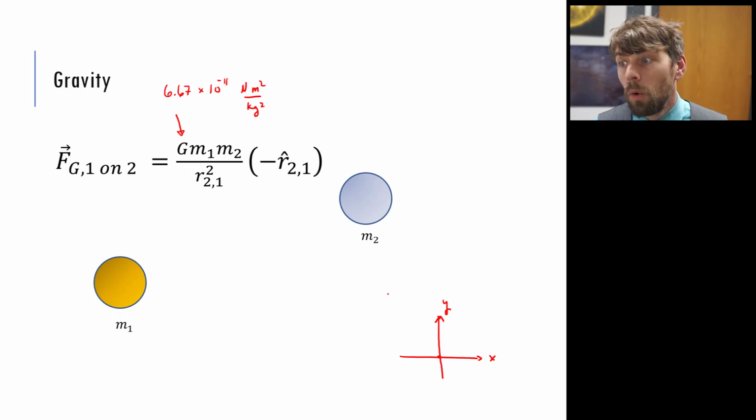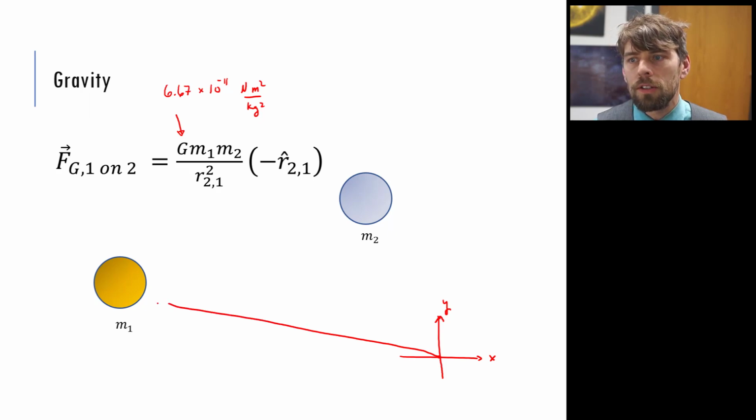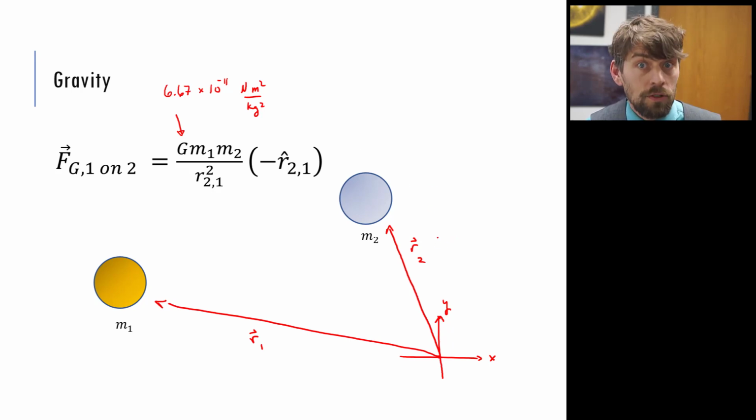And then once you agree upon a coordinate system and an origin, you can have position vectors that point to the position of object 1 and object 2 with respect to the origin that you have chosen. Okay? Those vectors are what I refer to as position vectors.